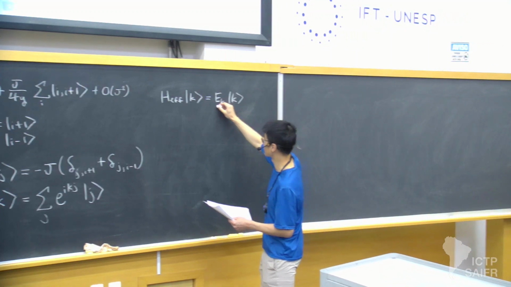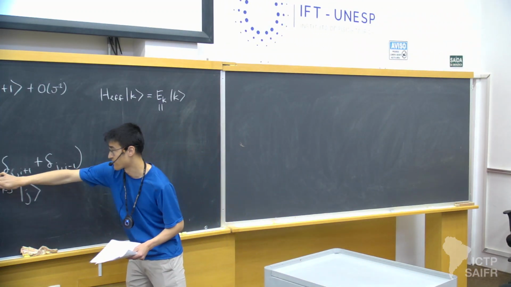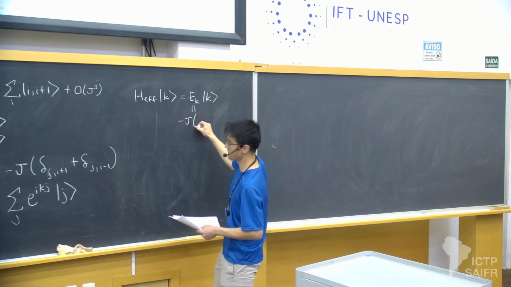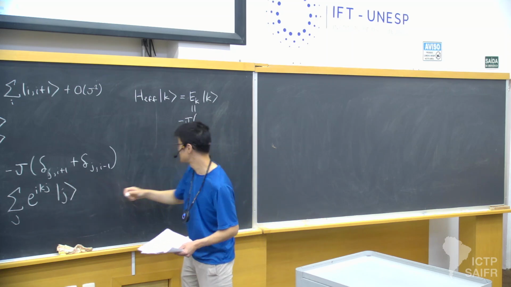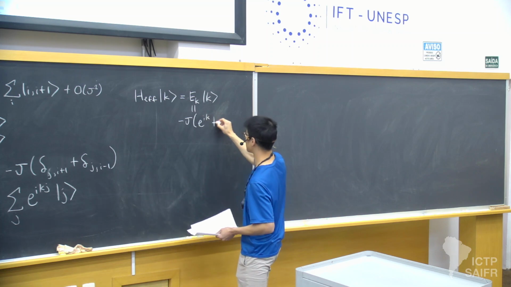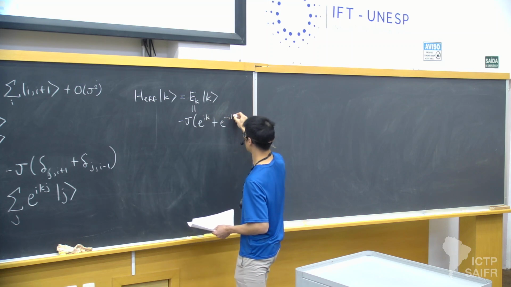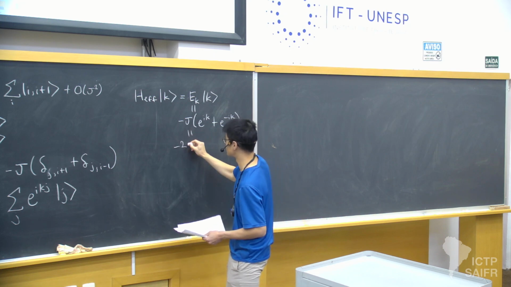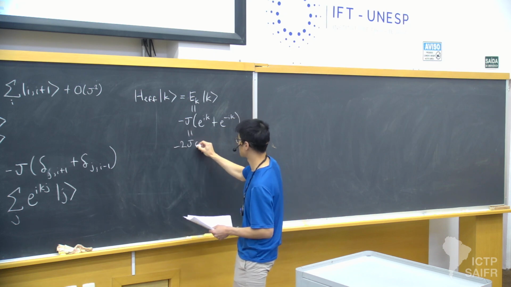And this number is just coming from here. It's minus J. And then you get a phase factor for hopping right, e to the ik, or from hopping left. Okay, and this is just minus 2J cosine k.